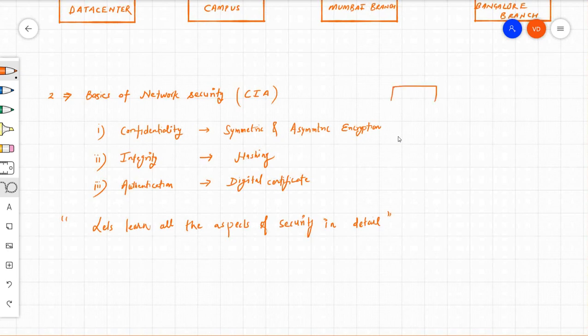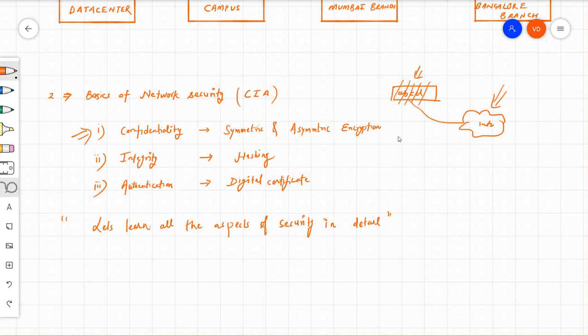If I have a message written in simple text, anybody can read this. If we send this message over the internet, it passes through various routers and switches, and anybody can see it if he or she has that capability. So it is always good to encrypt this message before sending it.